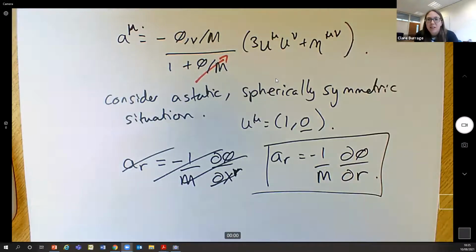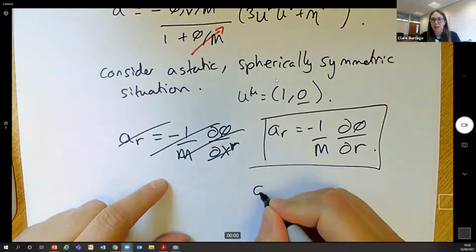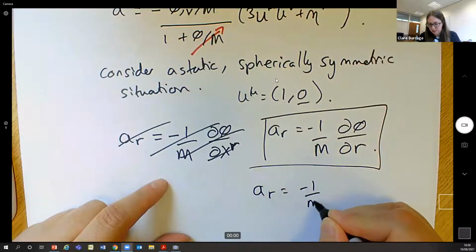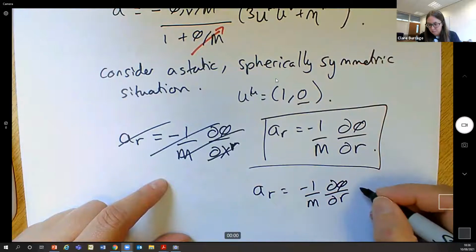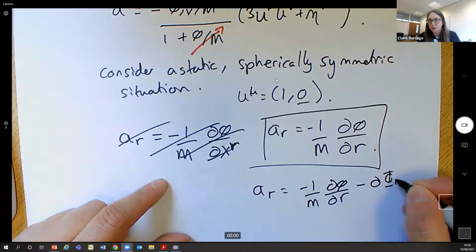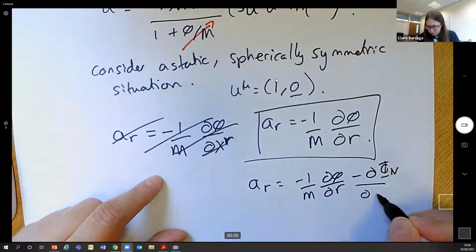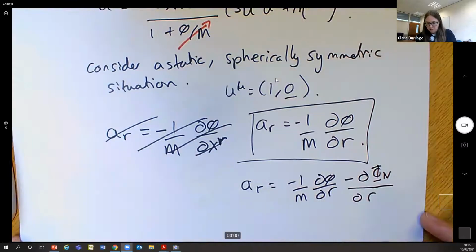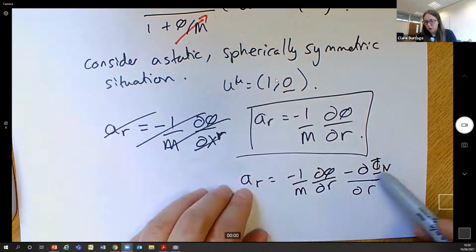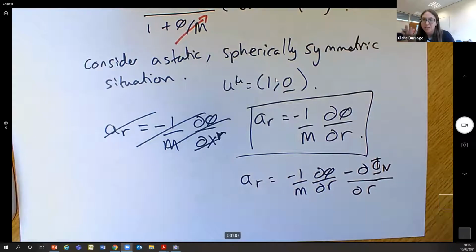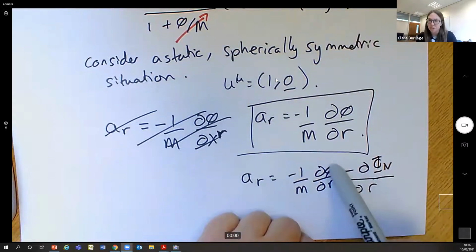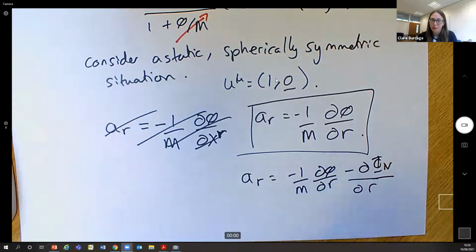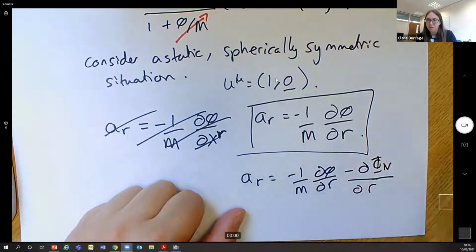The other thing that you might worry about is, if I actually say that instead what I have is this minus the derivative of my Newtonian potential with respect to R. In doing this version of the calculation, what I would then do is compute the Newtonian potential due to my massive source, and the scalar field potential due to my massive source, and take the derivatives of those and add them together.